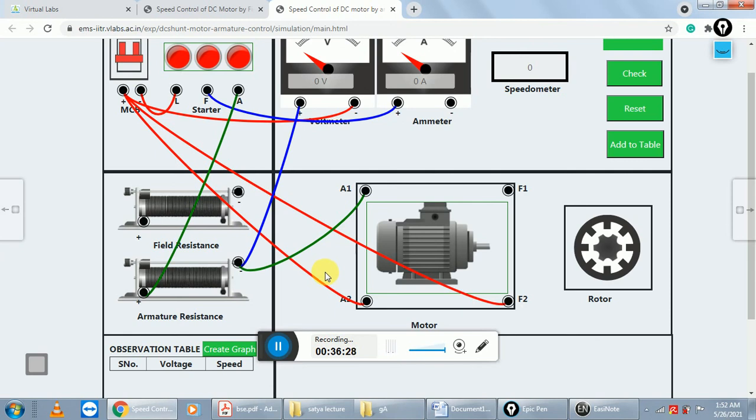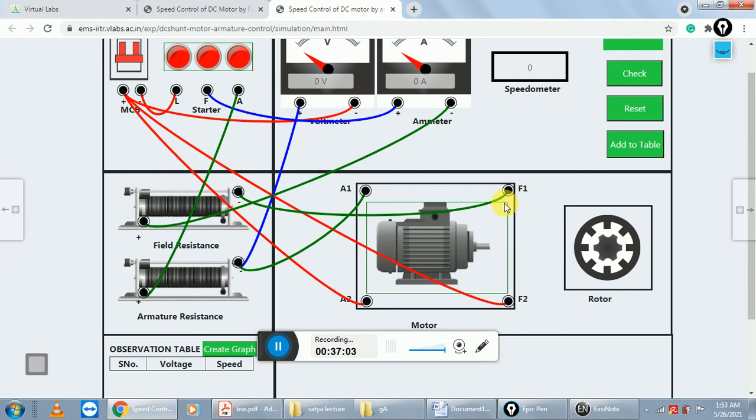And next, connect the ammeter negative terminal to the positive terminal of the field resistance. Next, connect the negative terminal of the field resistance to port F1, F1 of the motor.